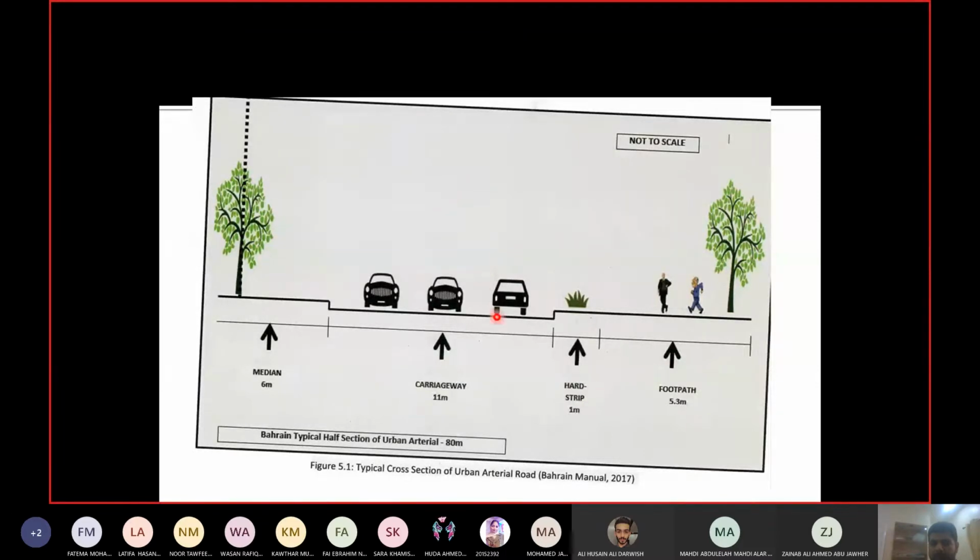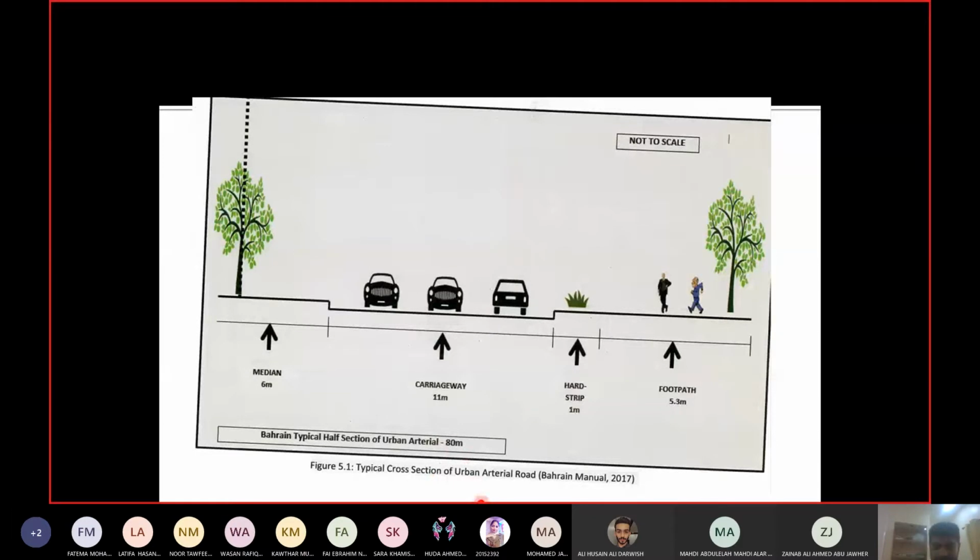Sidewalk is 5.3 meters, again for arterials. Median is 6 meters on one side. So this is only half of the cross section. So you take this whole width and multiply by 2 to get the other side, and then you add some more width for the side slope. So then you will get the total width of the road. It will become close to 80 meters. Again, this is for an arterial.